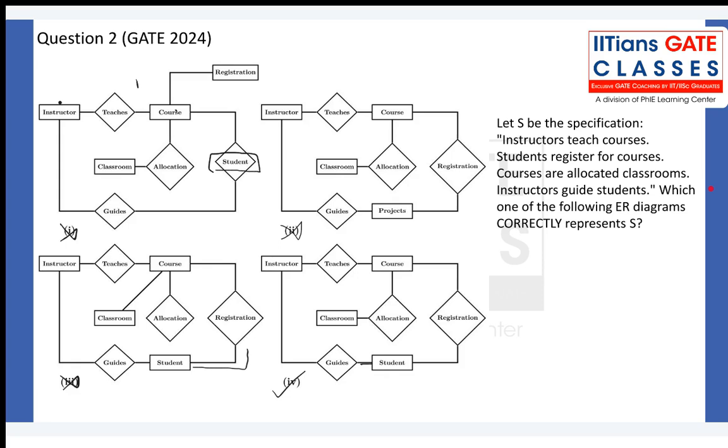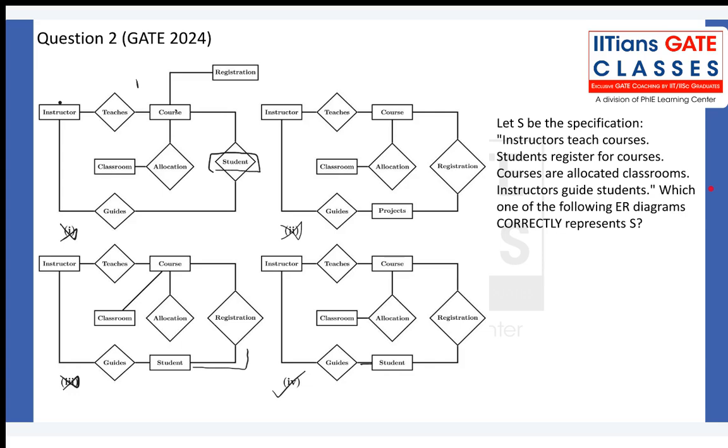All the courses that are available are part of the course entity set. Does an instructor teach all the courses? Have I taught all the core subjects of GATE to you? No, right? There are other professors, other instructors as well.